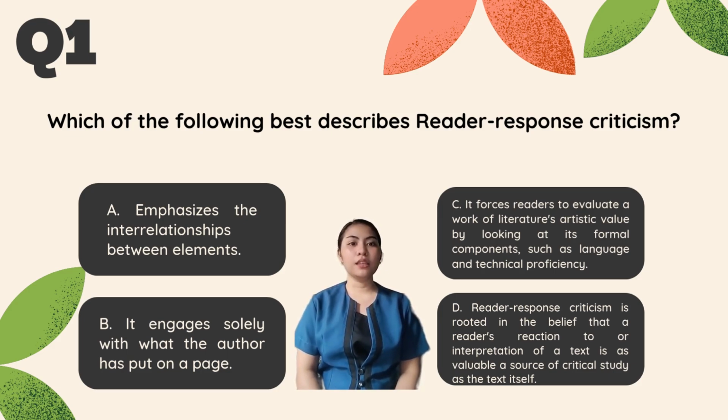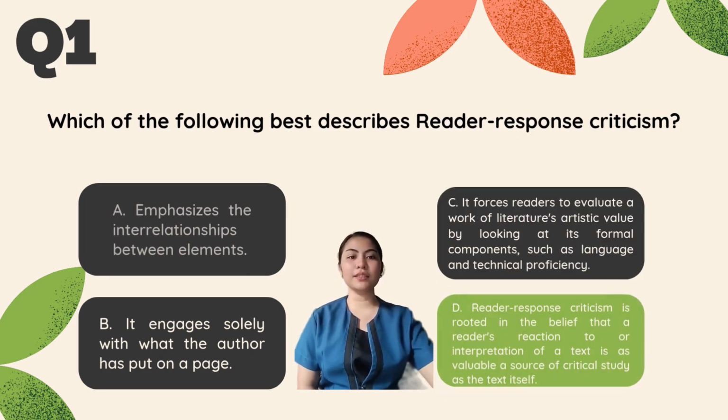Letter C, it forces readers to evaluate a work of literature's artistic value by looking at its formal components, such as language and technical proficiency. And letter D, reader response criticism is rooted in the belief that a reader's reaction to or interpretation of a text is as valuable a source of critical study as the text itself.